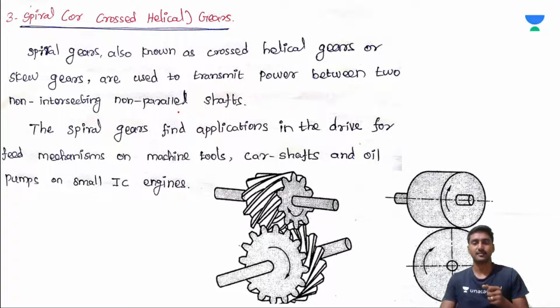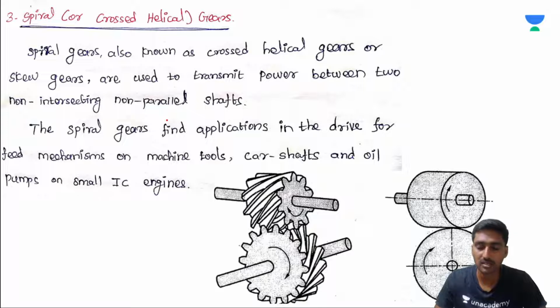So we started with the classification of gears based on the position of the axis of the shafts carrying the gears: parallel axis, inclined axis, intersecting axis, everything. The second type of classification is the type of meshing. We are moving to the type of meshing after this.